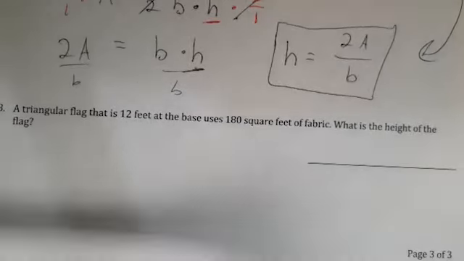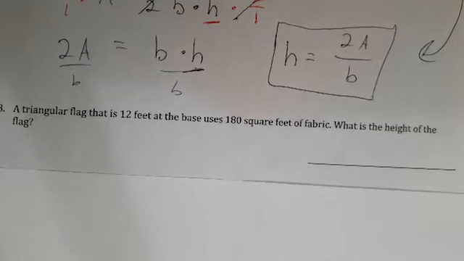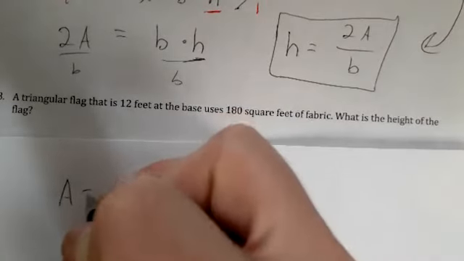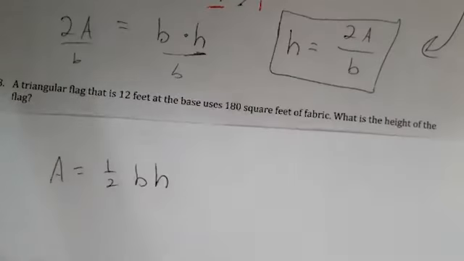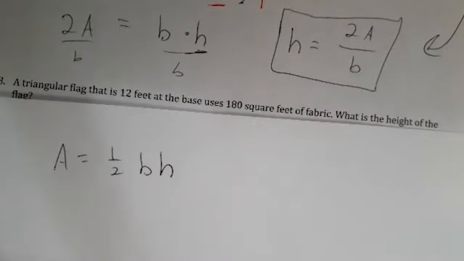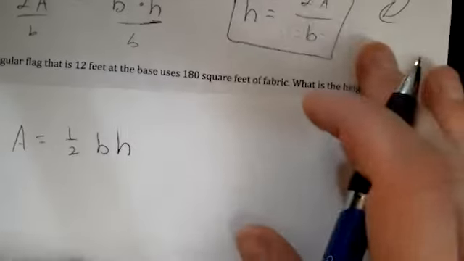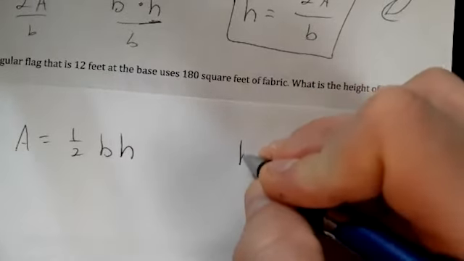So let's do it that way. There might be a few different ways you can do this one, huh? Let's think about it. So area equals 1/2. But if you did work, use the work you did, right? It might come in handy.